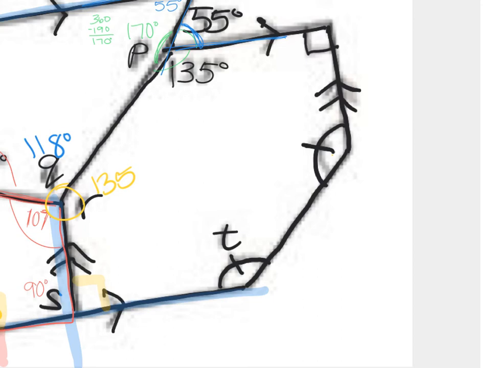I know that a hexagon has 720 degrees. I've used 180 from the two 90-degree angles added together, plus 270 from the two 135-degree angles, and I'm left with 270. 270 cut in half: T and this other angle each get 135.